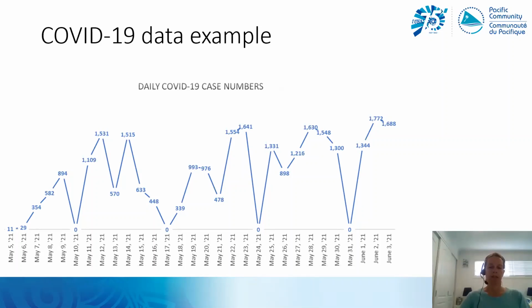So let's look at this sample data here. We've got daily case numbers, so we've got some actual numbers, and across this axis we have the time, which is in days. So I'll just ask you to pretend that you're working in the Ministry of Health and your minister has asked you for a briefing on this data.